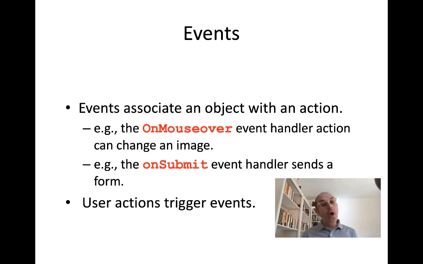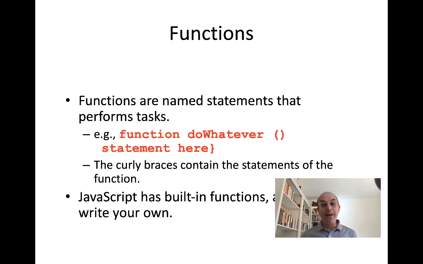When you are using JavaScript on mouse over or on submit, this is the idea of the event handler, an action that can change the image, or on submit, the event handler that sends the form. All of it is part of how we apply and understand JavaScript. Functions are also part of JavaScript, and functions are named statements that perform a task.